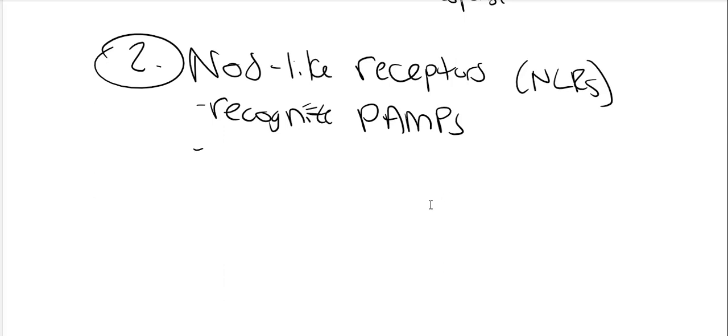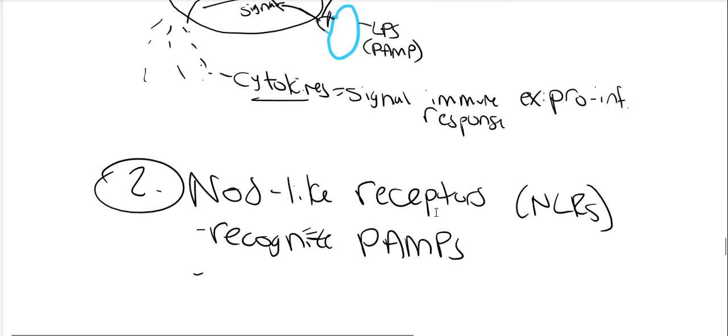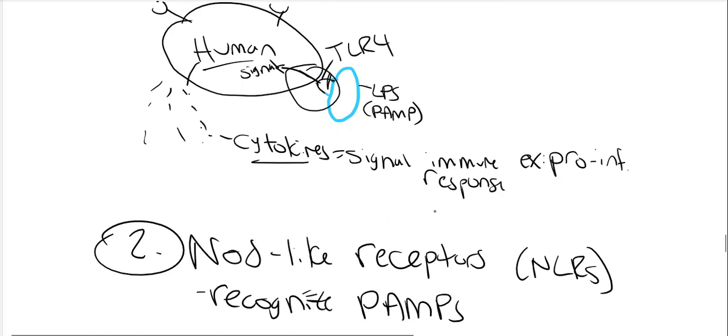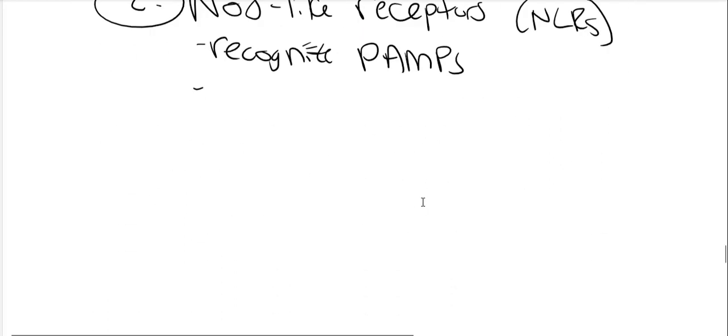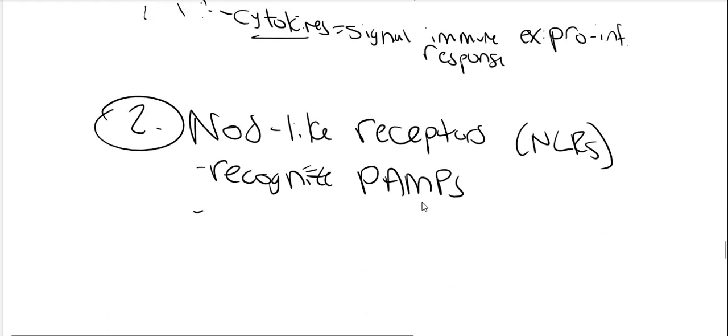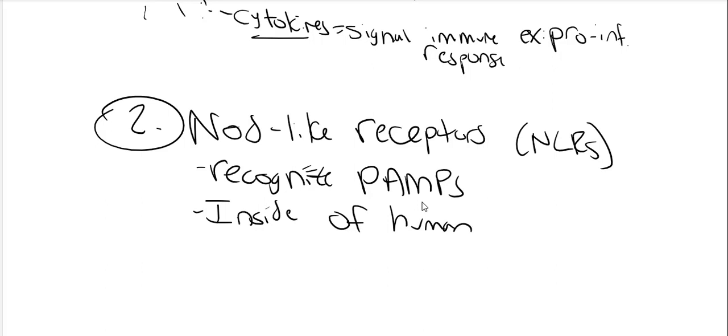But what makes them different is that toll-like receptors were on the outside of the human cell. Nod-like receptors are found on the inside of the human cell, human immune cells to be specific.